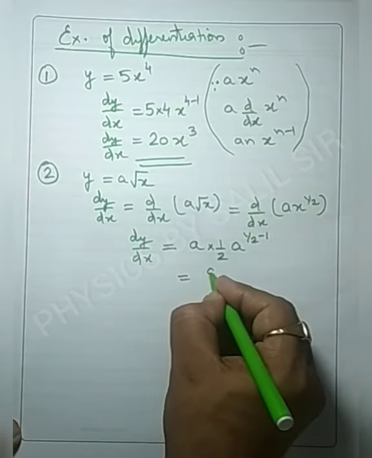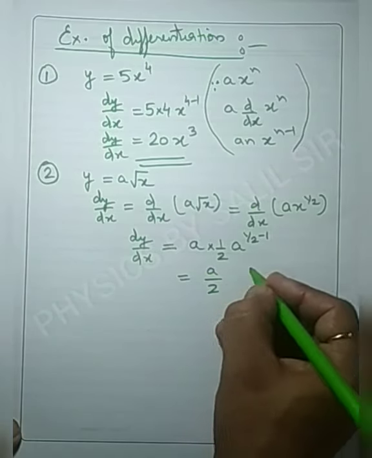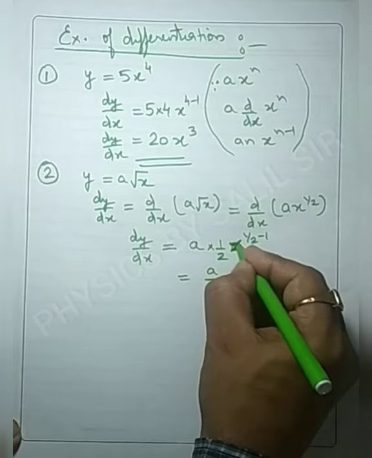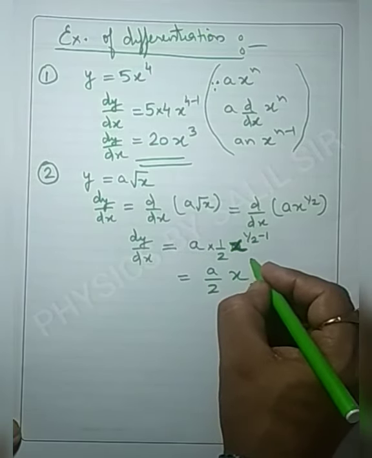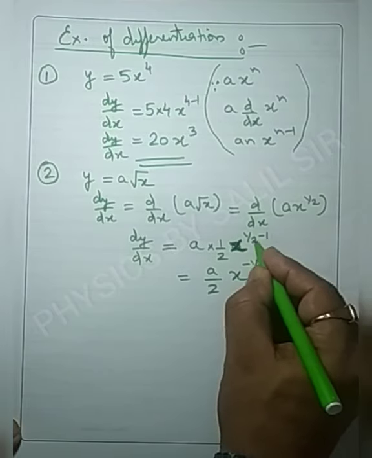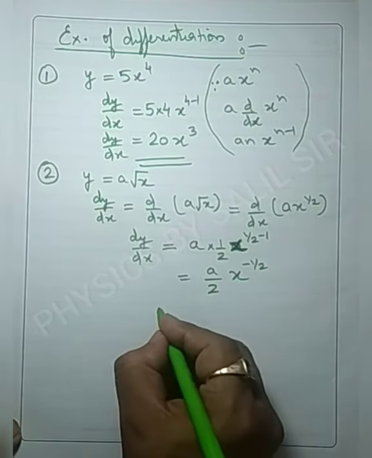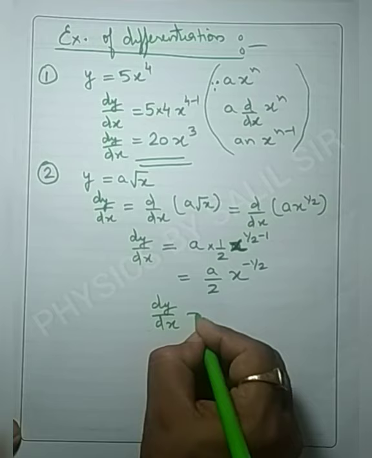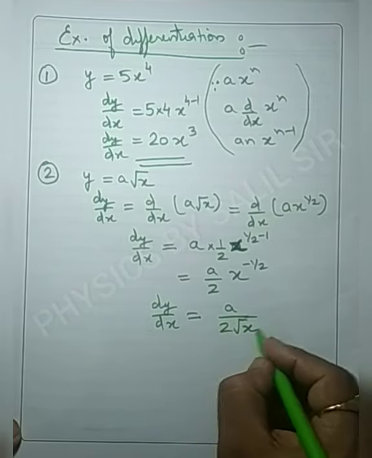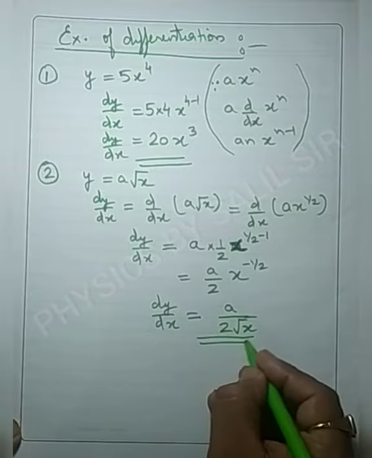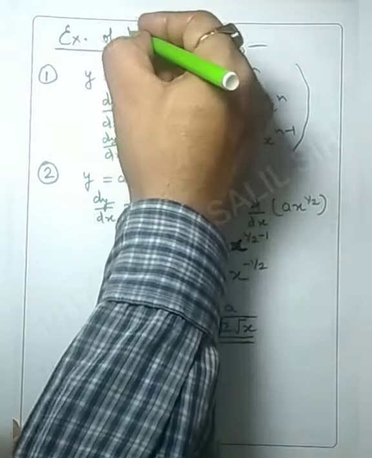So it will be a by 2, x to power 1 by 2 minus 1, which taking the LCM will be minus 1 by 2. So finally dy by dx is equal to a by 2 under root x. This will be your expression after the differentiation.